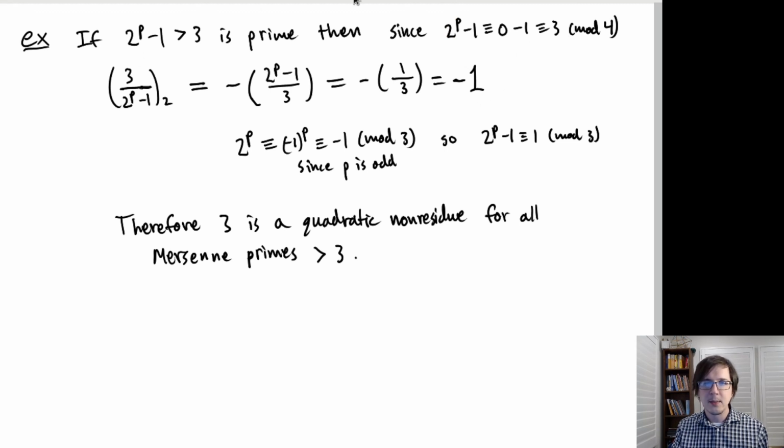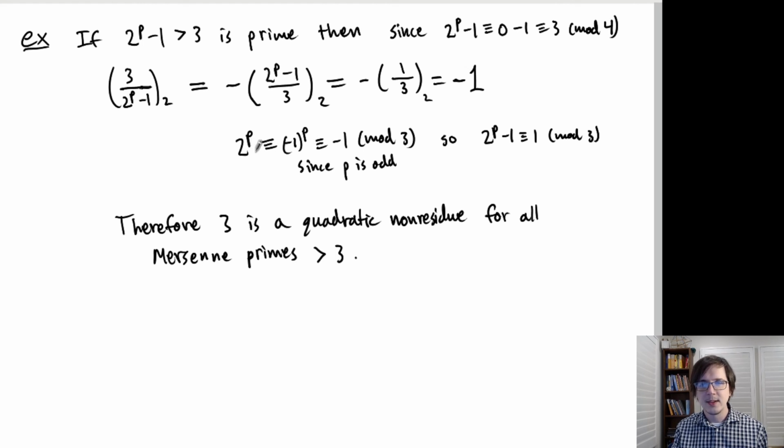So that means if we apply quadratic reciprocity, because both 3 is 3 mod 4 and the Mersenne prime is 3 mod 4, then we gain a minus sign when we flip it. So now that we've flipped it, we can reduce the numerator mod 3 because it doesn't change the Legendre symbol's value.